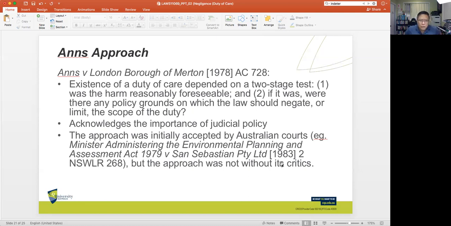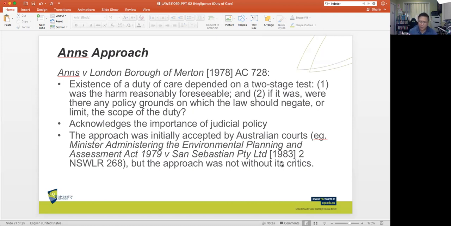Now, this approach, in the case of Anns versus London Borough of Merton, was initially accepted by the Australian courts, but again, that approach is not without its critics, mainly because, is there really a place for courts to get involved with matters of policy? Shouldn't matters of policy be left to the executive, or to Parliament?